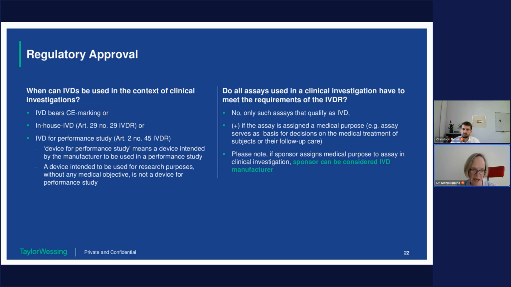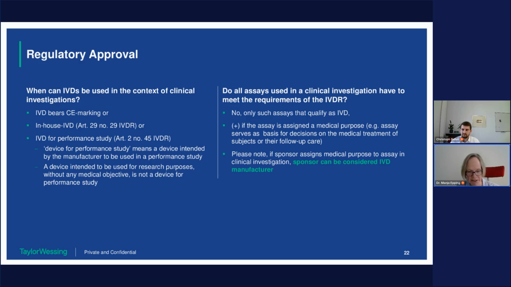Or you have an in-house IVD, which means an IVD that has been developed by the clinic that conducts the clinical trial. It never left the clinic. Then under certain circumstances, it might be qualified as an in-house or lab-developed IVD. You may look into the definition here, and the requirements in Article 5 of the IVDR.